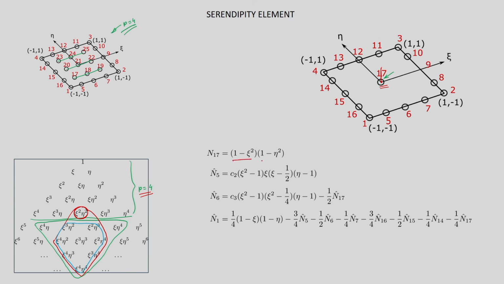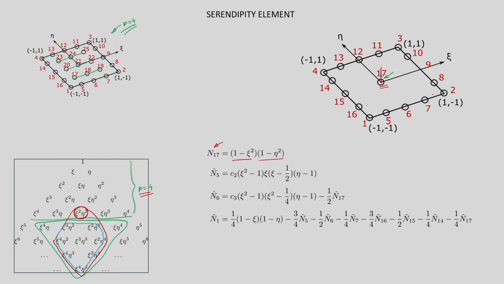That is very easy to construct just by taking the product of (1 minus xi square) and (1 minus eta square). Now once we have constructed N17, let us go ahead and construct the shape functions which belong to the sides of the quadrilateral element, like 5, 6, 7, 8, 9, 10, 11, 12, 13, 14, 15 and 16.